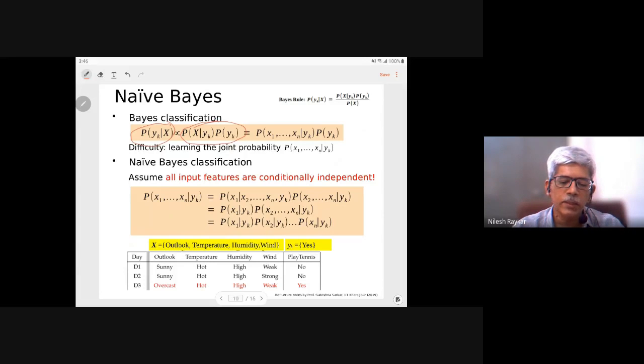What essentially we want to calculate is the product of two probabilities. The first term is the probability of having a certain pattern given a certain label. That is this particular term which we want to calculate. In order to calculate that, we make the assumption that all features are conditionally independent. That assumption leads us to some simplification, which is as follows.